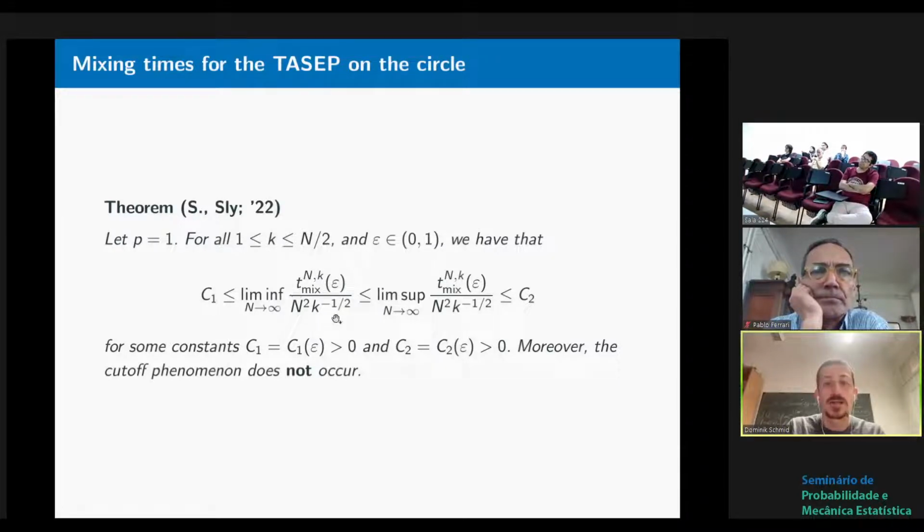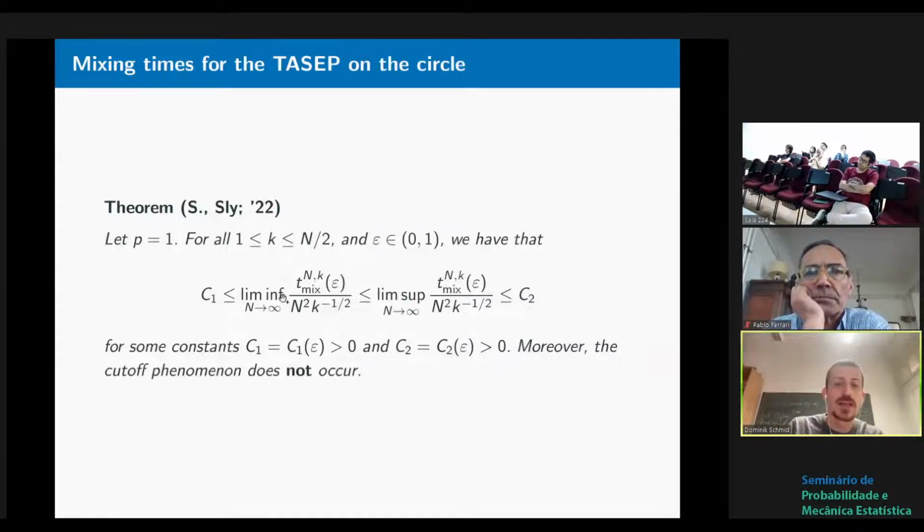Okay, and maybe this might be a bit surprising if you have the other result in mind. So before, for p equal to a half, the mixing time was of order n squared log k. So in particular, the more particles we have, the longer it takes until the system mixes.